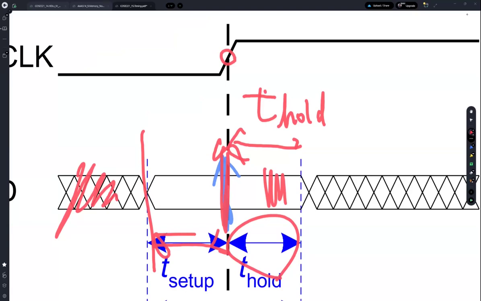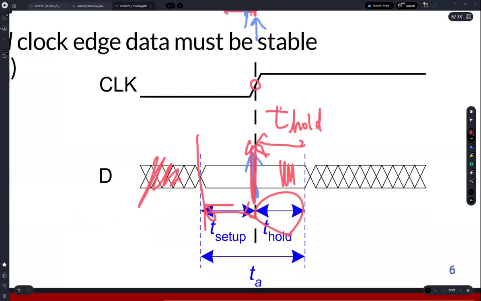So there are two timing constraints. The setup time is that the input needs to be stabilized, which means that input signals cannot be changed. So input signals need to be stabilized before the setup time on the rising edge of the clock.